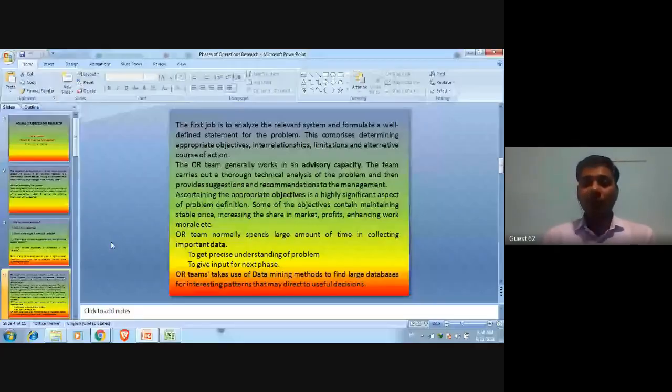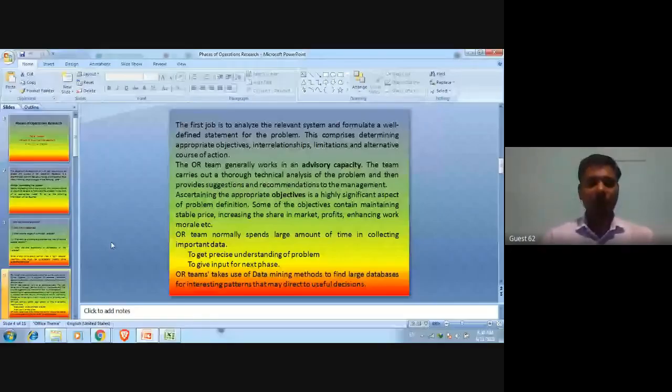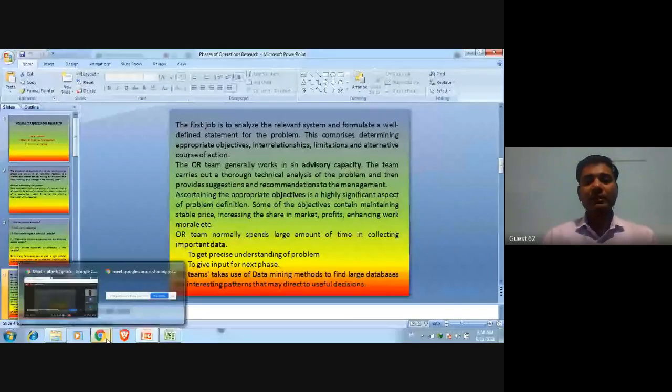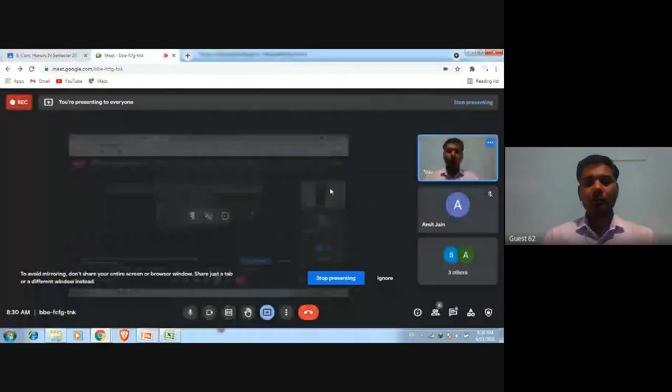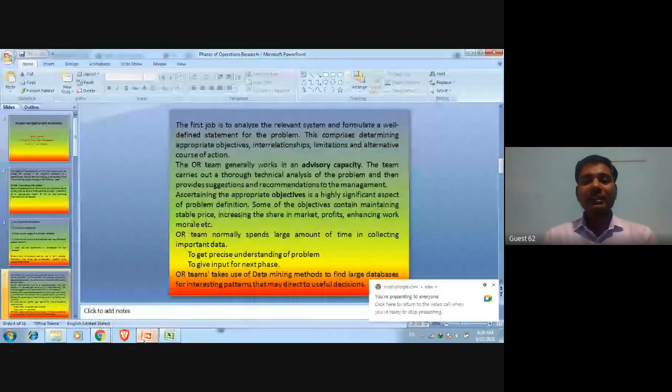Some of the objectives include maintaining stable price, increasing the share in the market, profits, enhancing workers' morale, etc. So these types of objectives can be achieved.